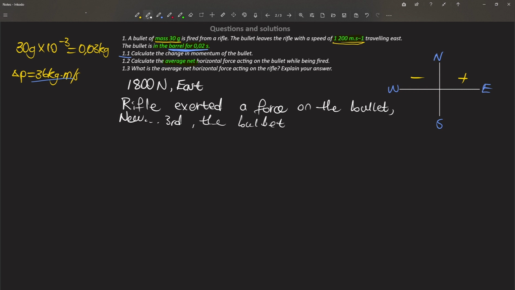So if we assume that there was no other force disturbing these two forces acting, we would simply end up with this force of 1800 newtons east. And this concludes our lesson on Newton's second law expressed in terms of momentum.